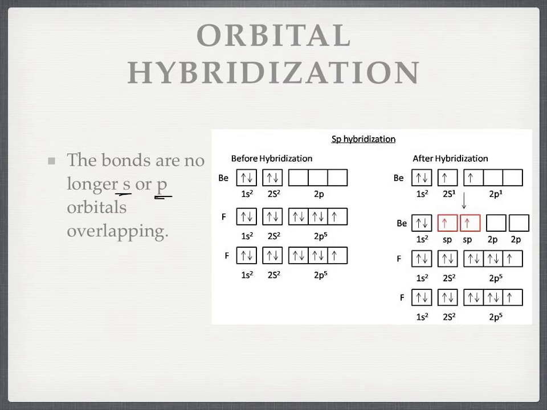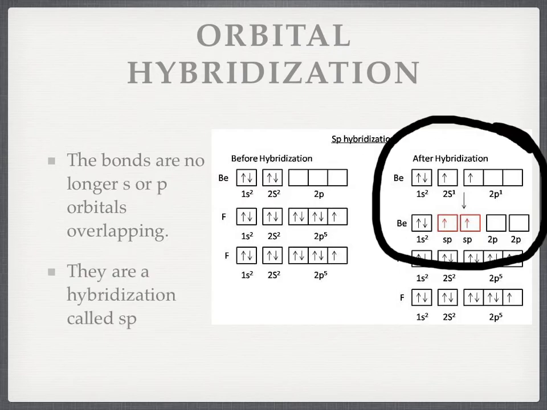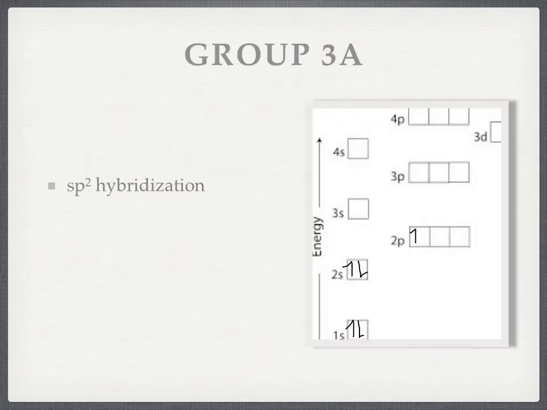It's more of a combination between those two. They're no longer s's and p's. And it's what we call hybridization. This would be known as an sp, and the reason is because you've got an s and you've got a p, so an s and p combination, a hybrid, and that's your sp hybridized bond or orbital that you have there.